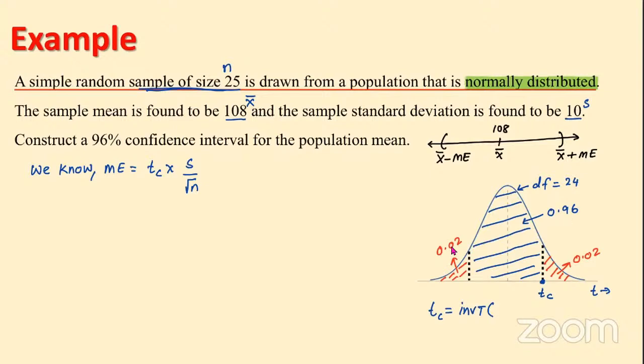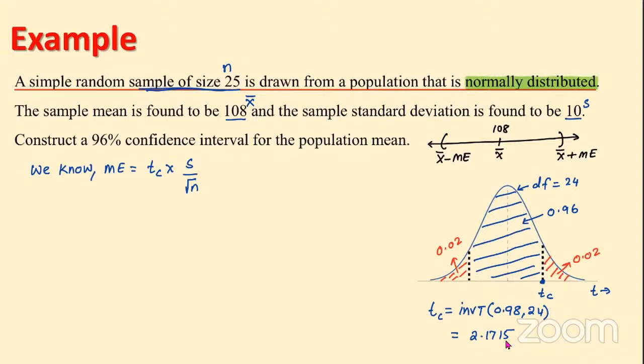So 96% plus 2% is 98%, which we write as 0.98. And the degrees of freedom, we have 24. If we type this in our calculator, we should get 2.1715. That is the critical value.